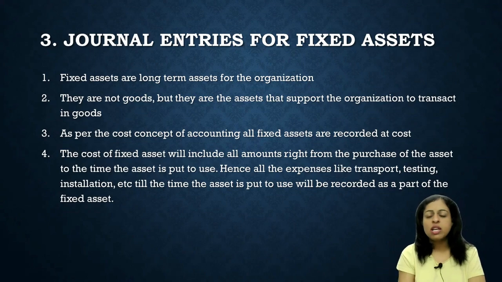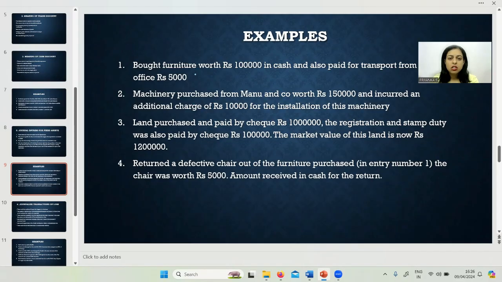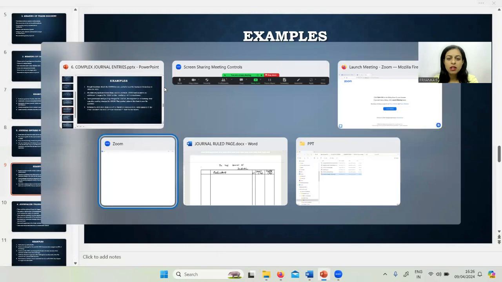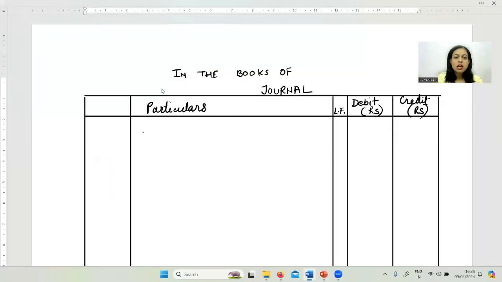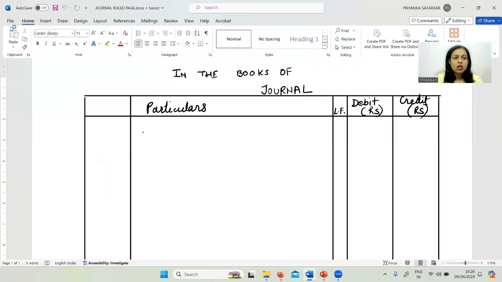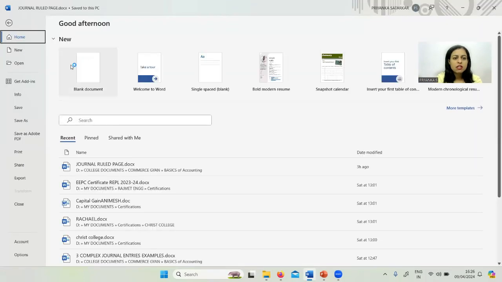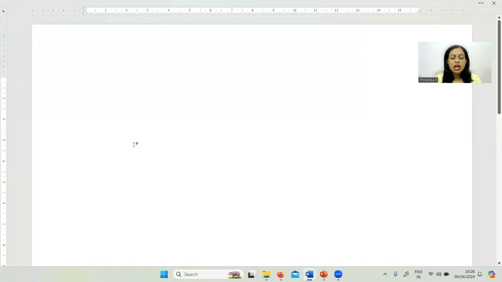So let's proceed to the examples now. I want to take the next examples now, which are connected with fixed asset purchases. Now, what is the main area which you need to take into consideration when you're talking of fixed assets is that whenever you are buying any fixed assets, you should understand that the fixed assets are recorded at cost.